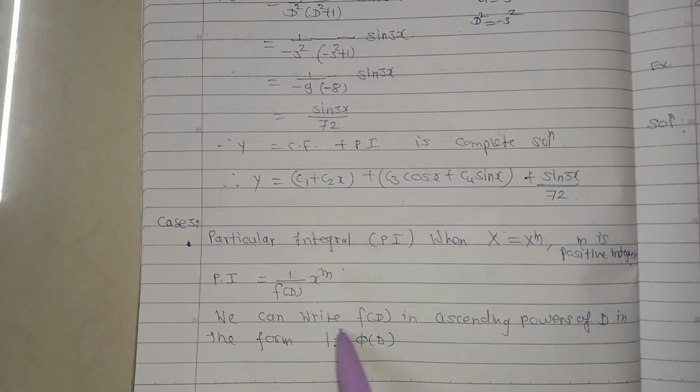Here we write f(D), which is in the denominator, in ascending powers of D, in the form of 1 plus or minus 5D. That means when the operating factor is in the form of x raised to m, that is 1 upon f(D) operated on x raised to m, we write this f(D) in the denominator in ascending powers of D in the form of 1 plus or minus 5D.